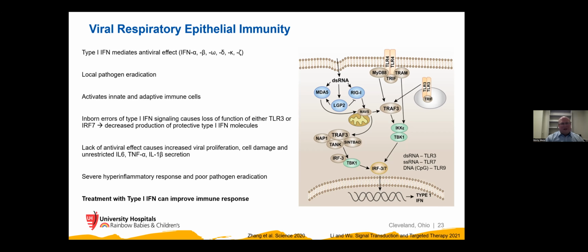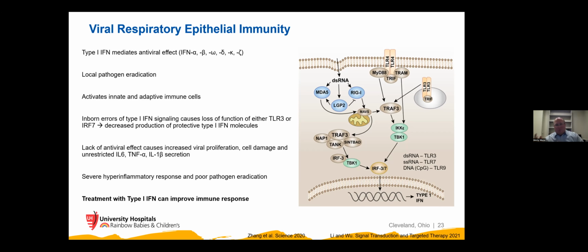And this causes not only an inflammatory response, but it mediates the antiviral milieu of the tissue, and it helps eradicate the virus locally as it's stimulating the rest of the innate and the adaptive immune system.